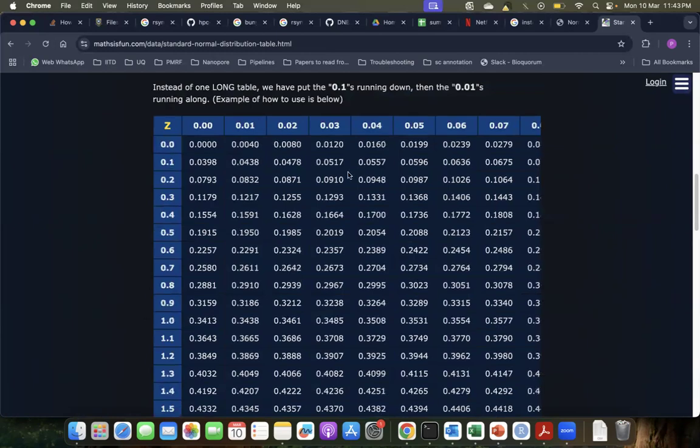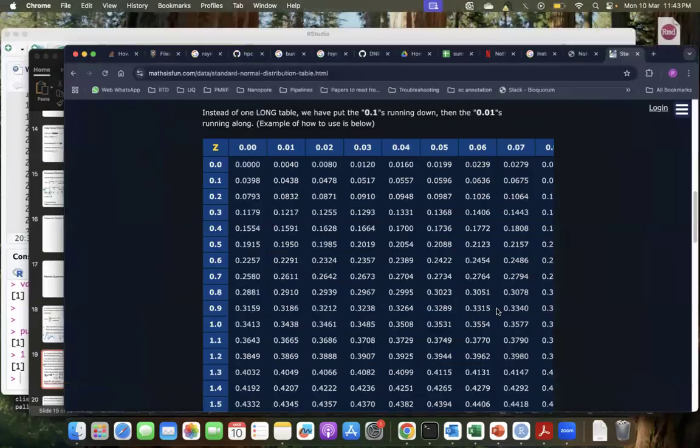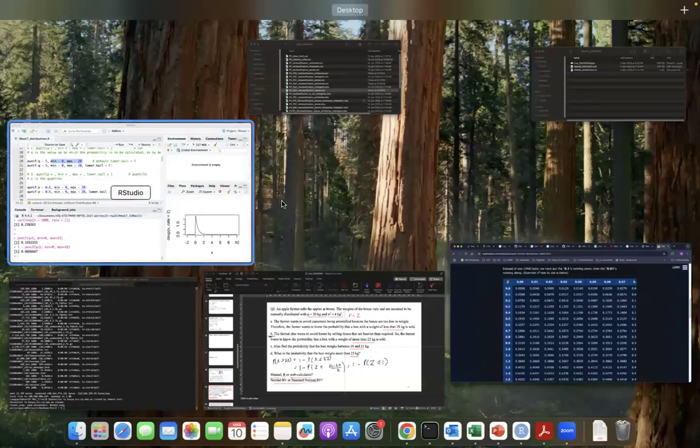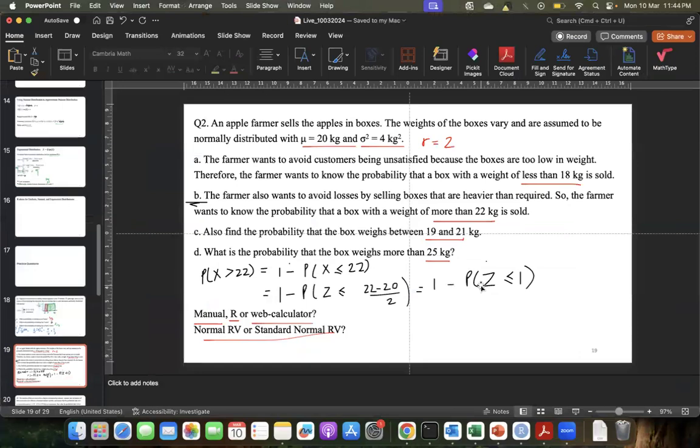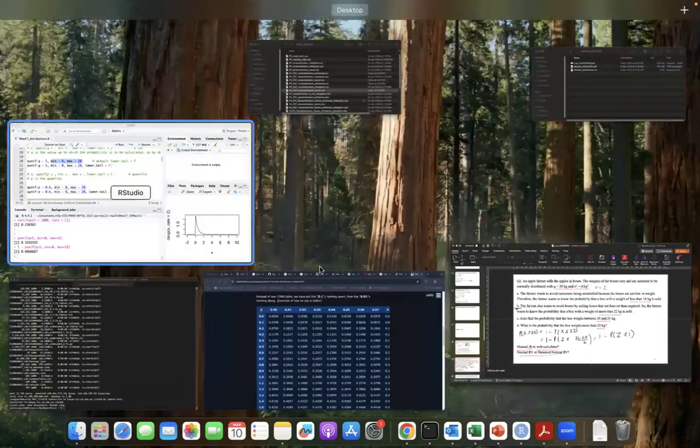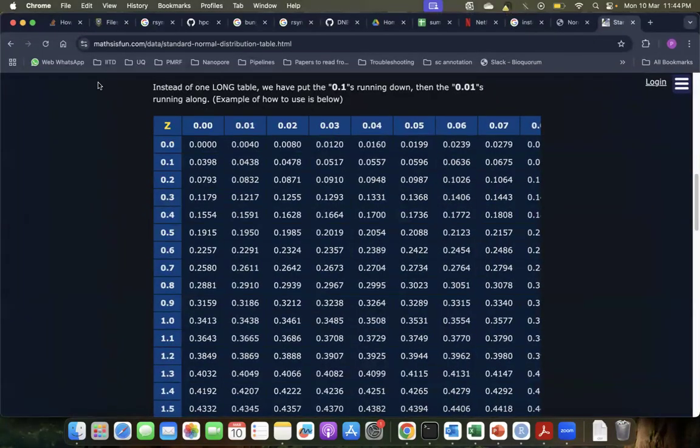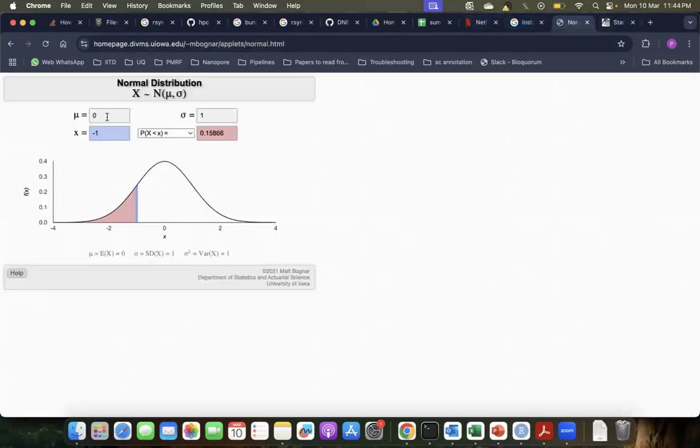So let's first solve this and then we'll check if we are able to find this in the table also. Let's do it a few different ways. Maybe it'll take a few minutes, but just for the sake of it. A standard normal distribution, so that's like 0 and 1, and we want to find 1 minus P(Z less than 1), or in total Z greater than 1. Here we have our standard normal distribution, and this is 1.